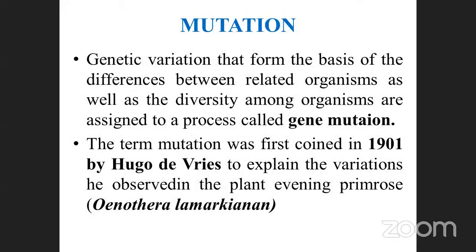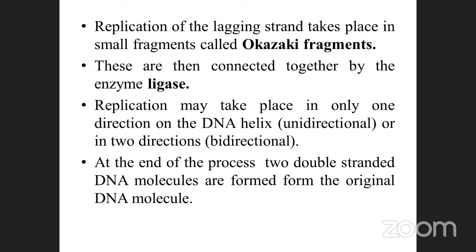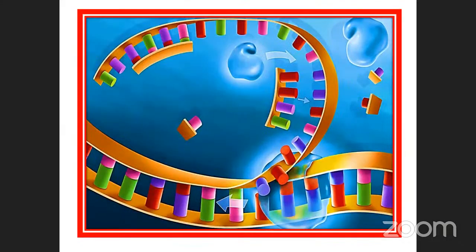Remaining things, mutation, we will see in the next classes. Today, please completely summarize what we discussed. What is DNA replication? How does it happen? What are the enzymes involved? Helicase, topoisomerase, RNA primer, DNA primase, and ligases.